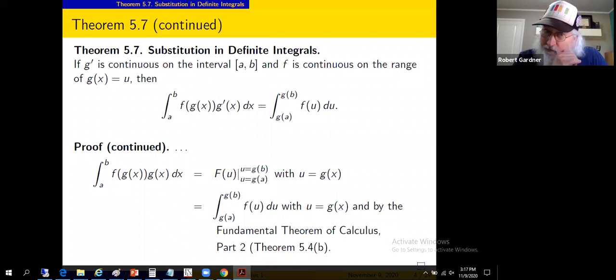And that produces, here's where we left off, the same as an integral from g(a) to g(b) of f(u) du, where we've got u equal to g(x). How would you evaluate such an integral? Using an antiderivative. Well, you've got an antiderivative right there.